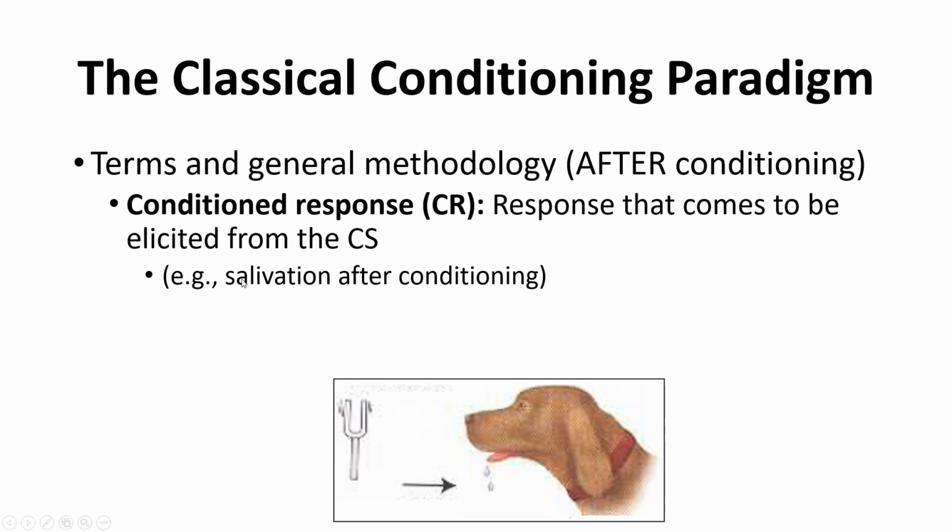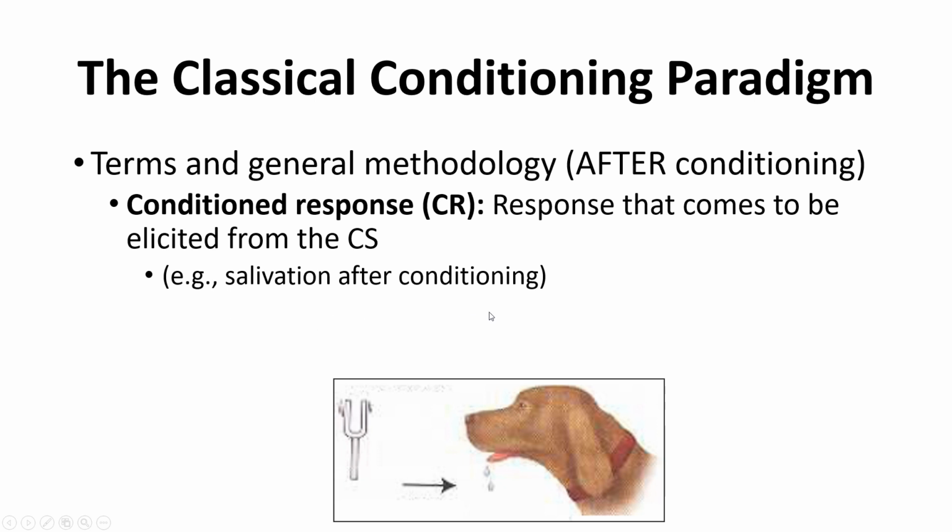I have to make sure I say all of the right words in the right order here. And so our conditioned response is a response that comes to be elicited from our conditioned stimulus. So this is the response that happens whenever they hear what used to be a neutral stimulus, the thing that they have learned to associate with the unconditioned stimulus.